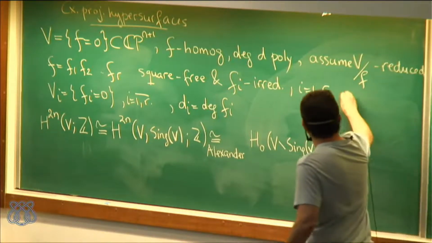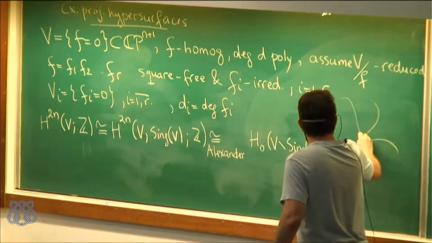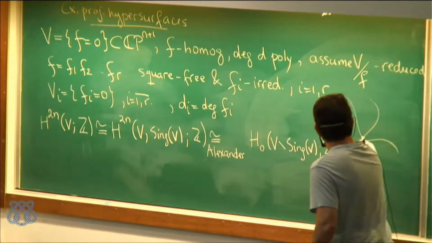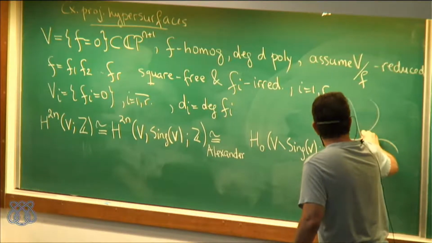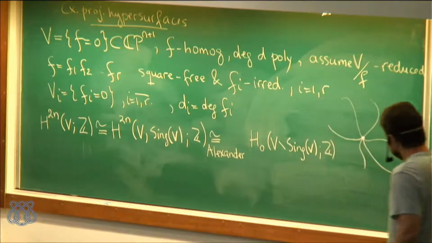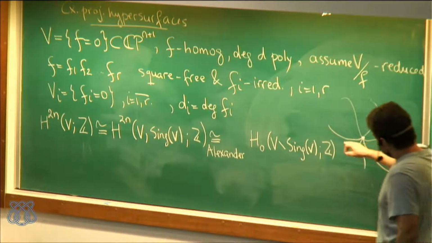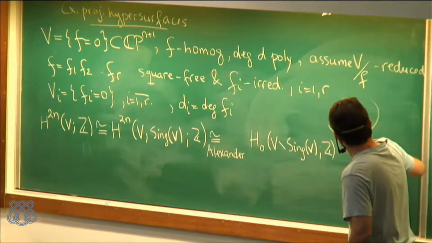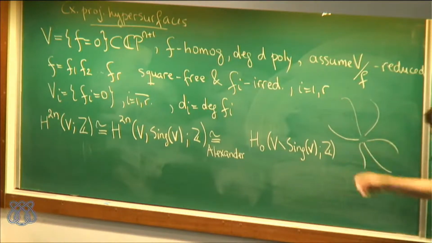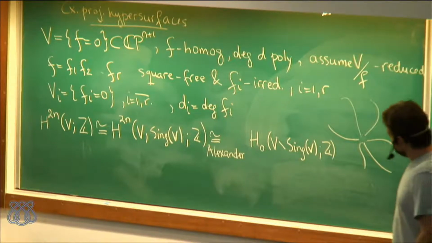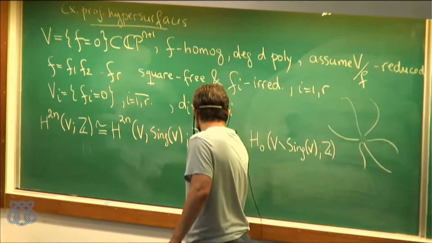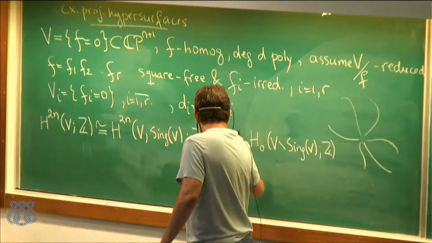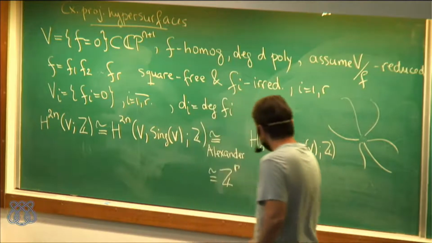If I have, for example, curves, of course you may have singular things also, but they all intersect at points. And once you take out the singular locus, what's left is just a bunch of connected components, one for each irreducible component of V, and those will count this H_0. So this is just Z^R, R being the number of irreducible components.